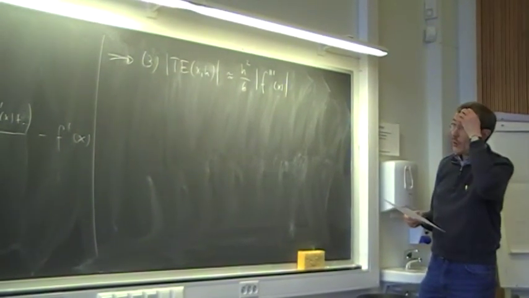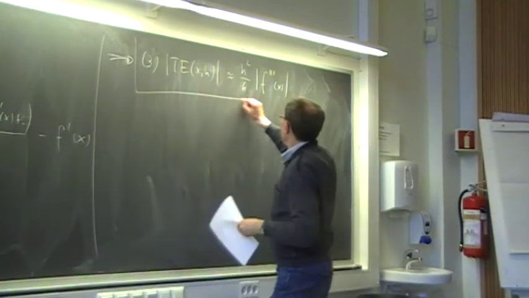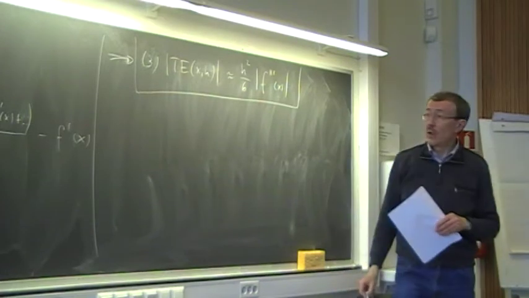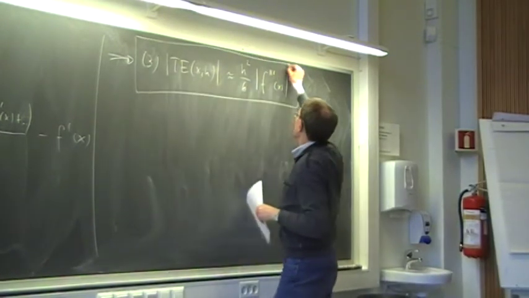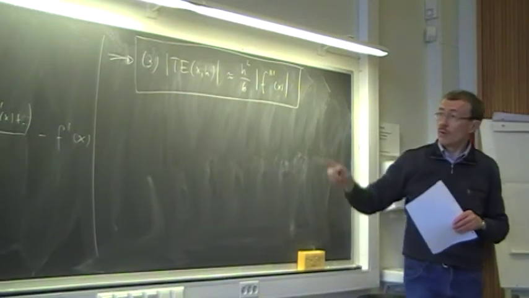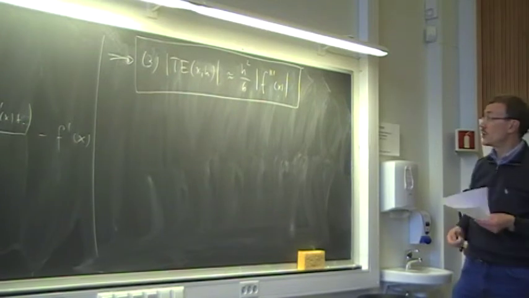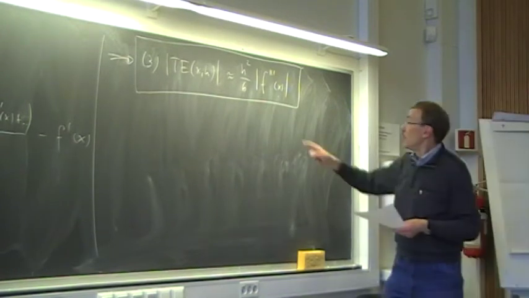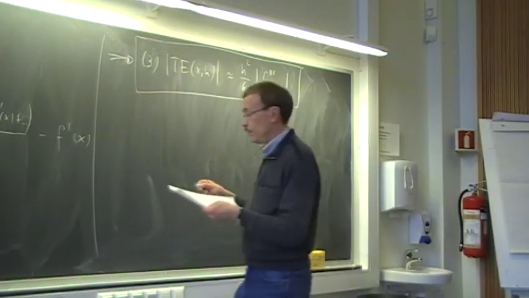And now we have derived everything to get the formula for the total error, because we have now derived the formula for the rounding error that we did before, and now just repetition of what we have done before, the truncation error. So now we can get the total error.